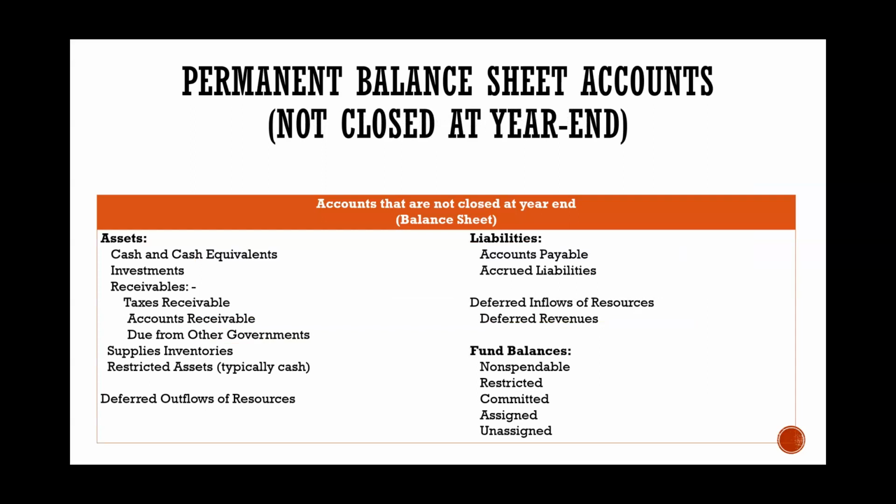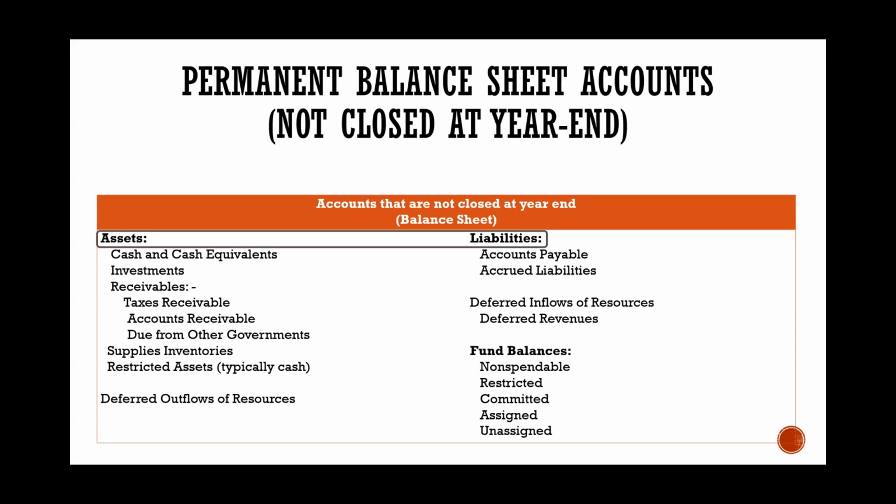You'll notice here we have a list of permanent balance sheet accounts not closed at year end. Remember all the way back to your Accounting 201 class when you were talking about closing your statements at the end of the month, closing accounts at the end of the period, whatever the case was. You learned back then that you close your revenues, your expenses, and your dividends. None of that's on your balance sheet. So these are all obviously going to be permanent accounts.